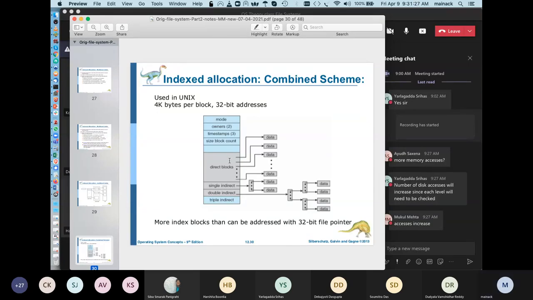In total, you have these direct blocks, then a single indirect pointing to one index table, then a double indirect pointing to an index of index tables, and then a triple indirect that is not shown because it would take too much space, but you get the idea perhaps. Each entry of the index table points to other index tables. Each entry of that other index table points to data. Similarly for triple indirect.